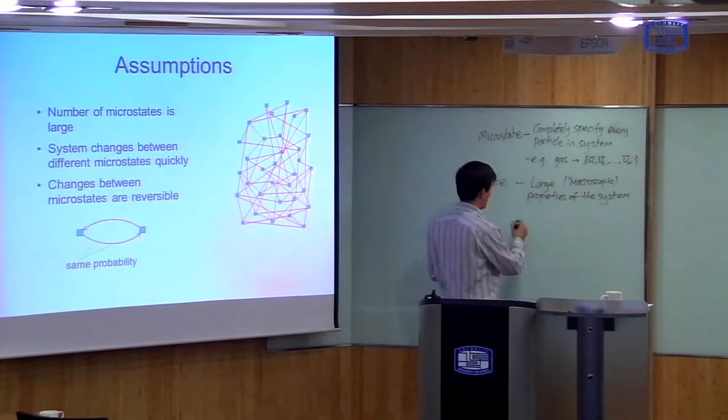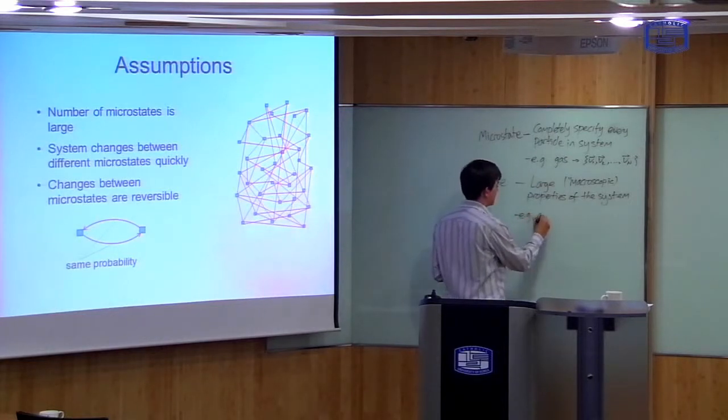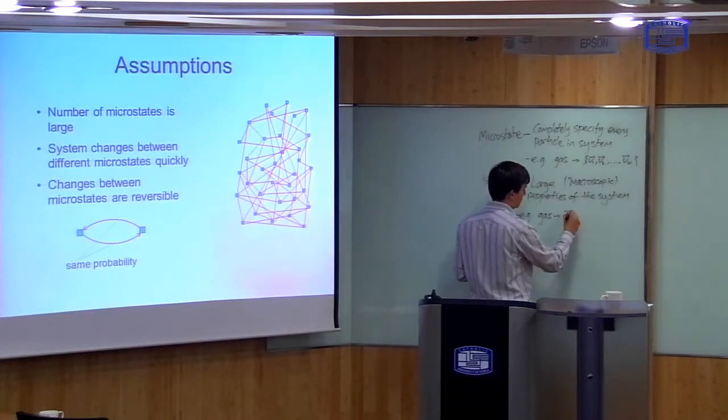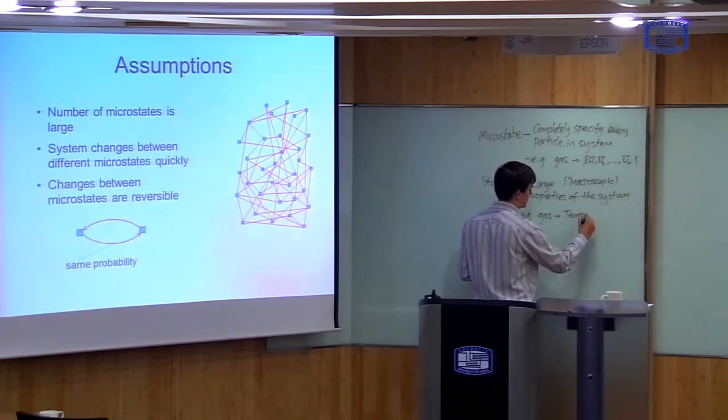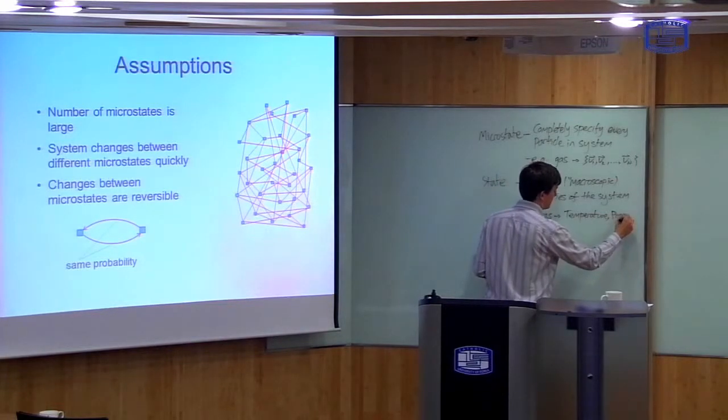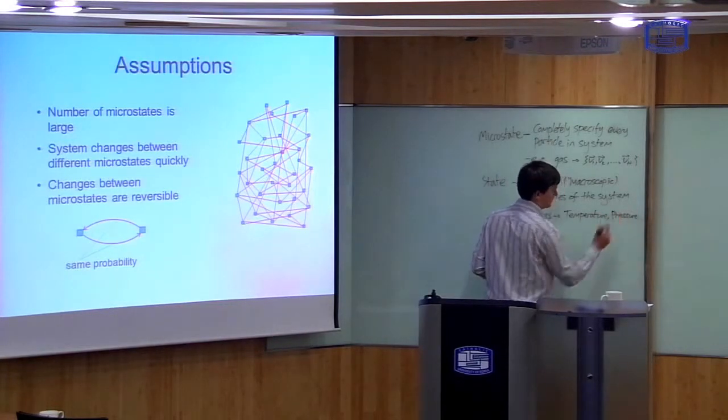So again, for a gas, the state properties we're talking about are things like what's the temperature of the gas, what's the pressure of the gas, and so on. What's the entropy of the gas.